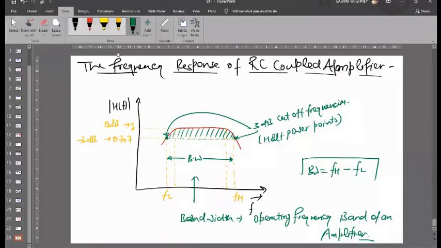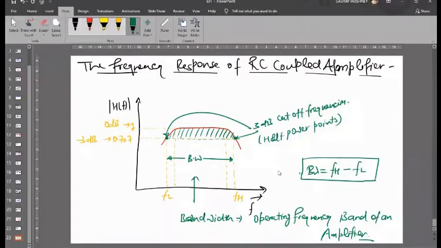Okay, and what will be the unit of bandwidth? Hertz. Okay. So this is the frequency response of RC coupled amplifier. Please keep this in your brain.